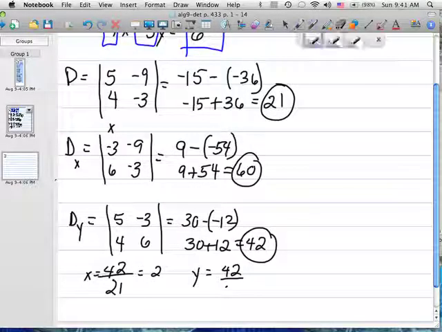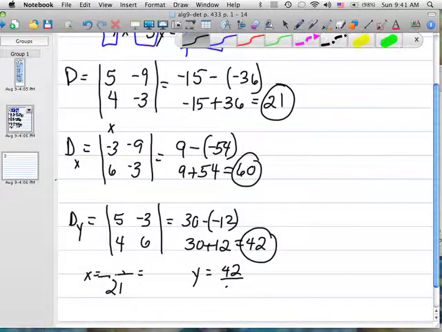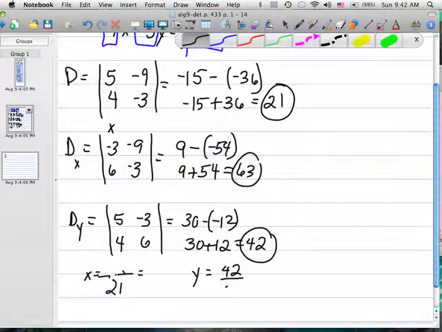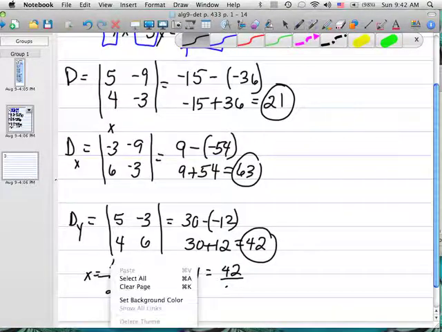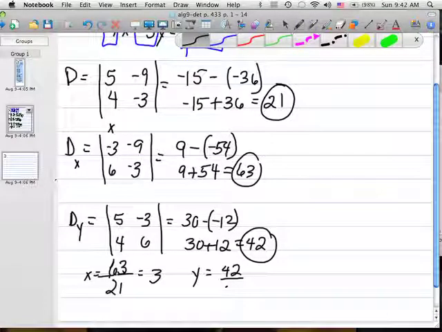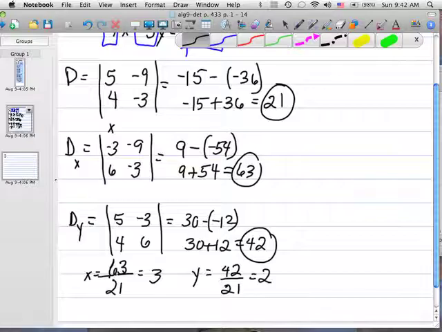Whoops, I'm sorry, and I can't add, I'm sorry, let me go back here and fix this. This is 63. So x is 63 divided by 21, which is 3. And y is 42 divided by 21, which is 2. So my ordered pair is x, y, so it'd be 3, 2.